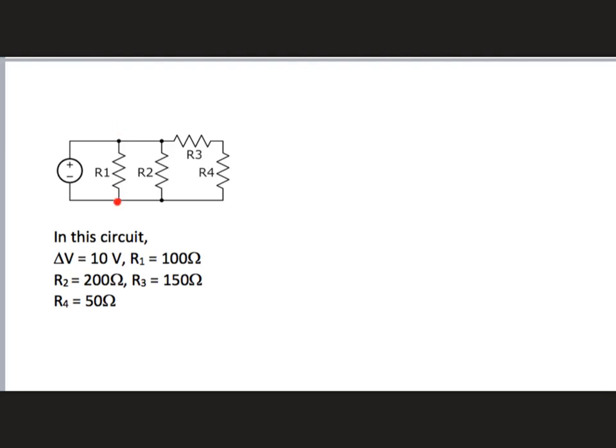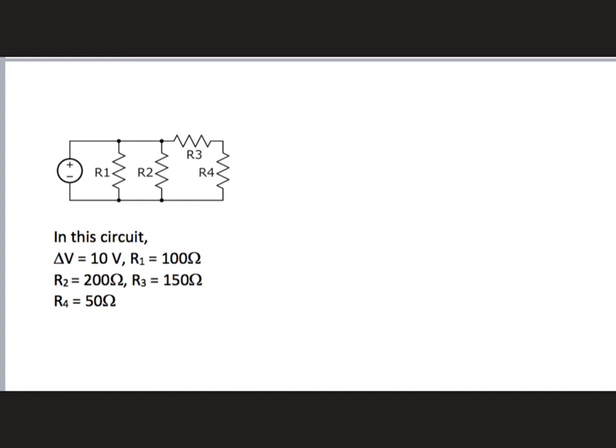Now you might look at R1 and R2 and you might think to combine them that they're in parallel. That wouldn't be wrong, by the way, but what really strikes me is that whatever current comes out of this junction and goes through R3, that same current goes through R4. And so immediately it just leaps out to me that R3 and R4 are in series.